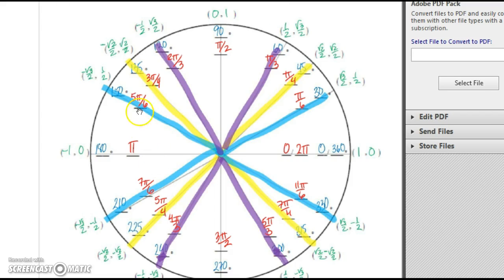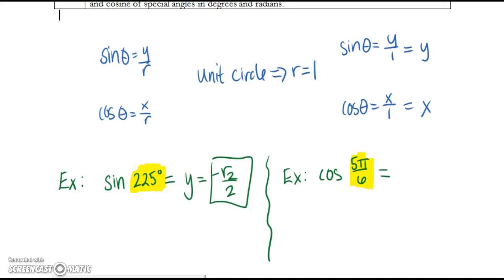So let's find 5 pi over 6, it's by the hand here. And the x coordinate is negative root 3 over 2. And so the cosine of that angle is negative root 3 over 2. And that's it.